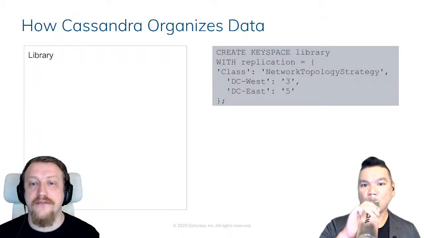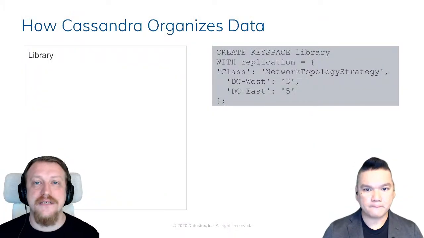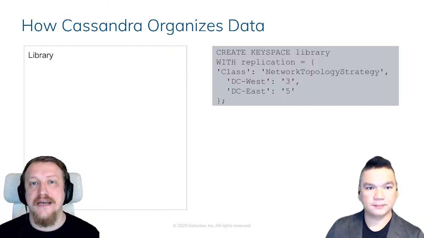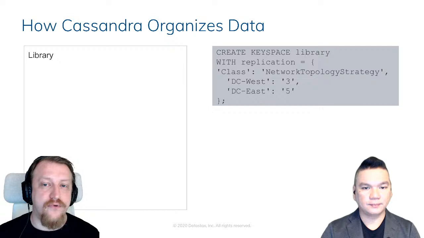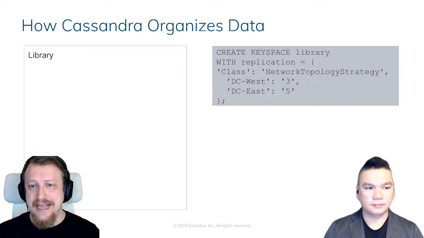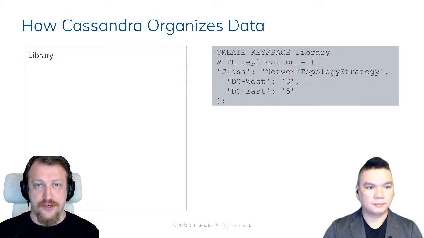The first basic container we start to work with is the keyspace. A keyspace is a group for tables which share some settings, at least replication settings, maybe some more, but we start with replication.